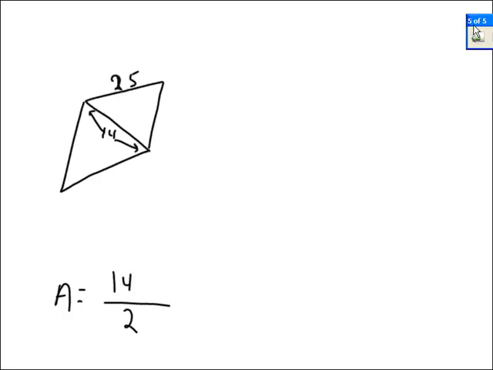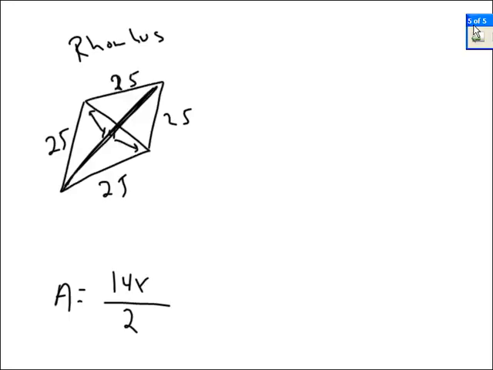So then I draw this line. Then I draw this line. In fact, this is a rhombus. All 4 sides are the same. A rhombus is just a special kite.